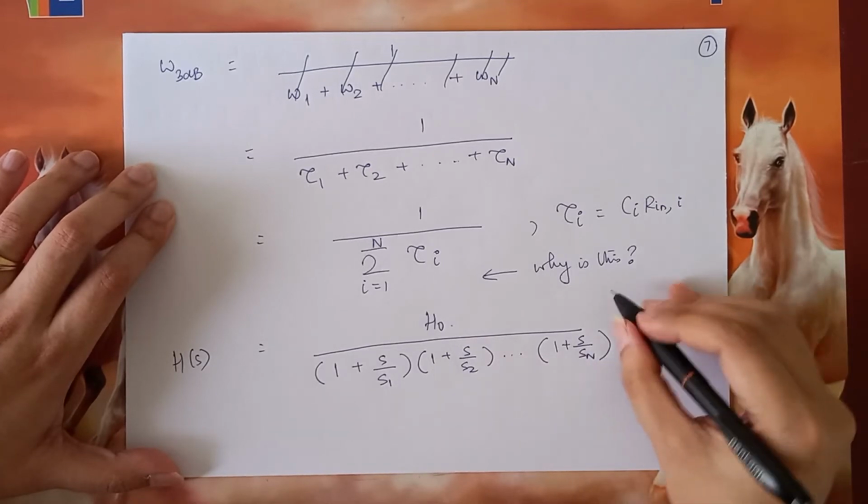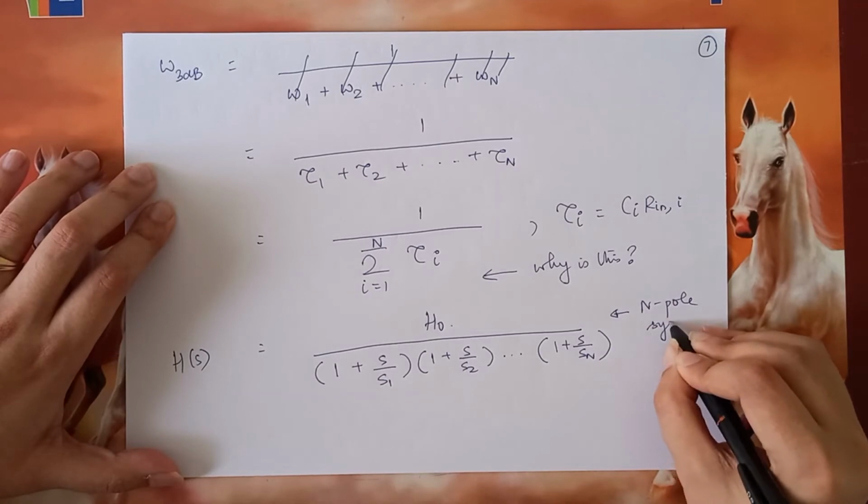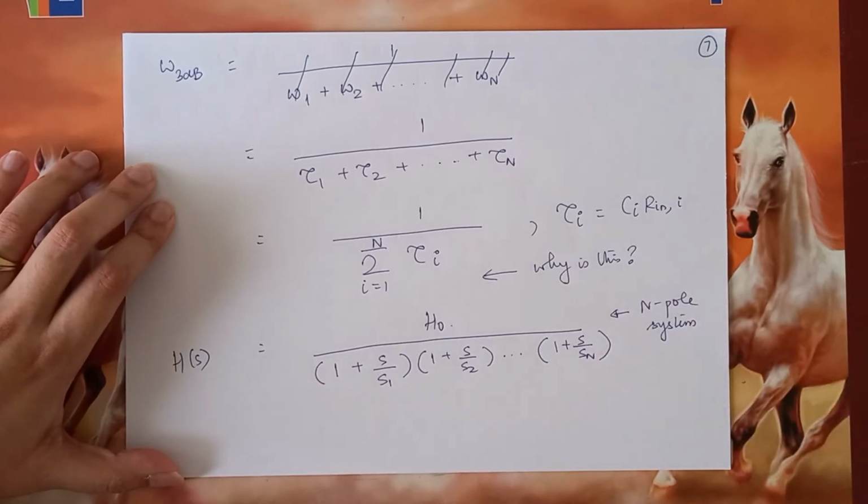So it's an n pole system. Obviously, when you have n number of capacitors in the circuit, as we just saw, it will be an n pole system in general.